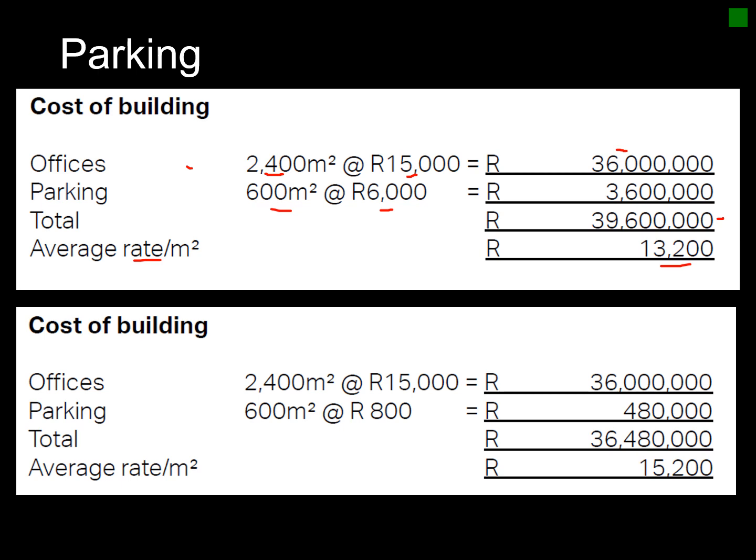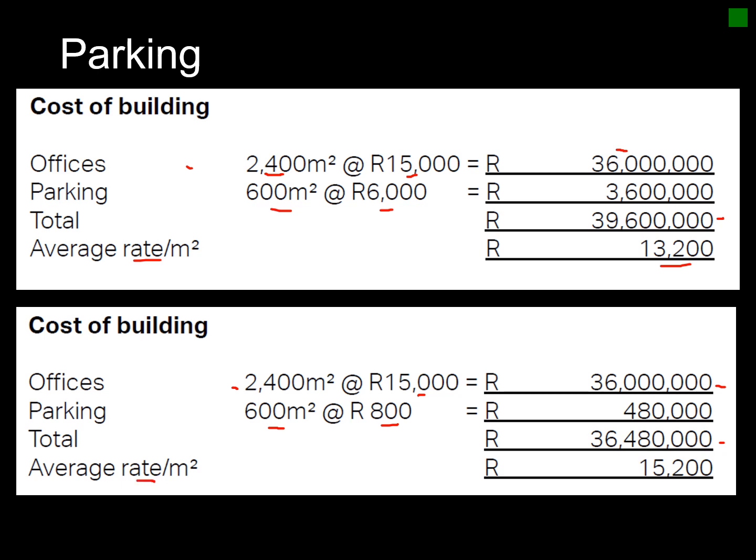Now if we look at case B, we've got the same amount of office space at the same rate, so it's still 36 million. Then you've got your parking, which is now external, so it only works out at 800 Rand per square meter, and you get to let's say 38.4 million.